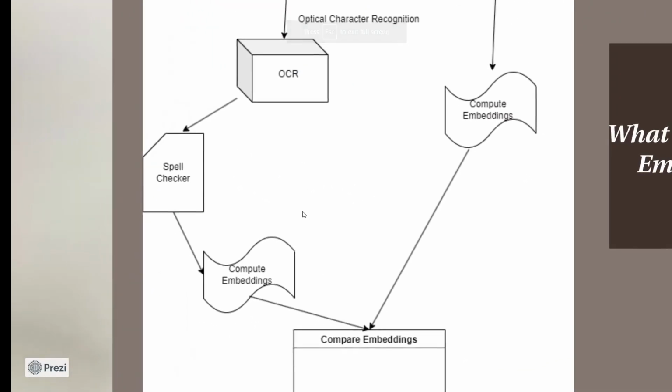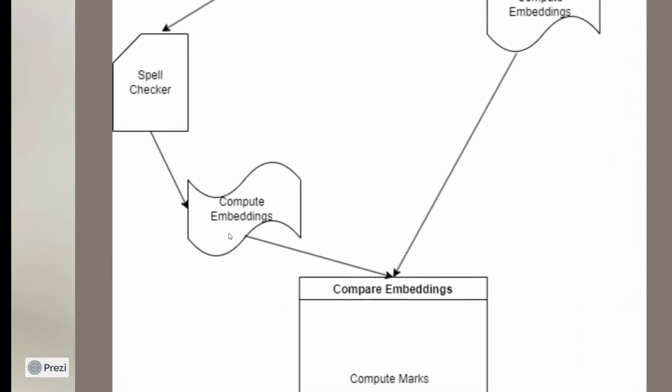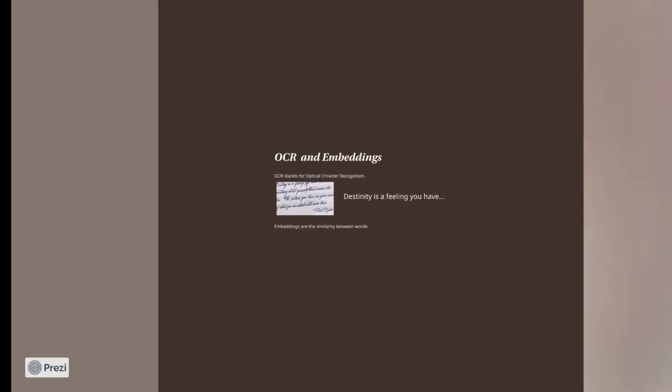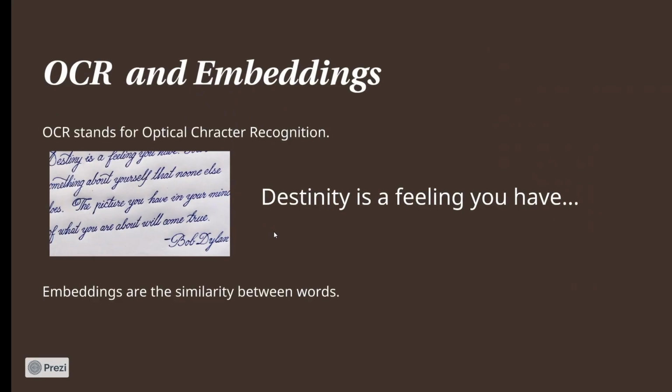Next comes the important step where the model actually computes an embedding. So what is an embedding? Embeddings are essentially a way for the computer to understand the semantic meaning of a word in relation to another word, and the values of an embedding range from 0 to 1.